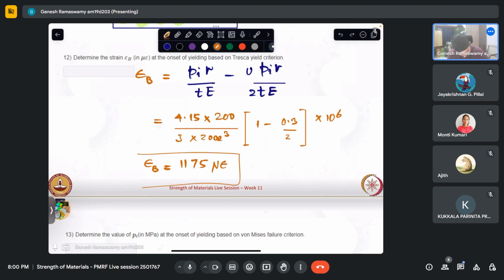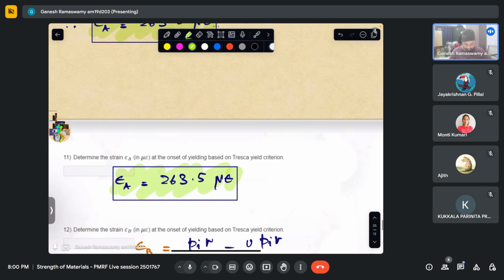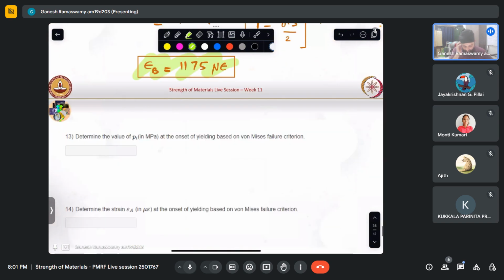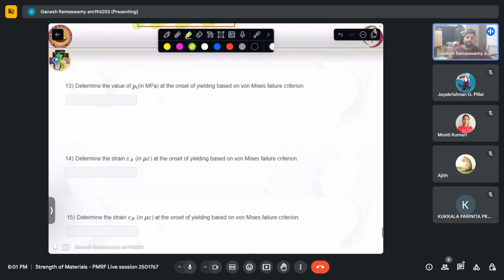All right. So now that we have done this, let us move on to the next question. We have been asked to do the same thing, except our criteria is different now. It is the von Mises criteria. So what is the von Mises criteria?